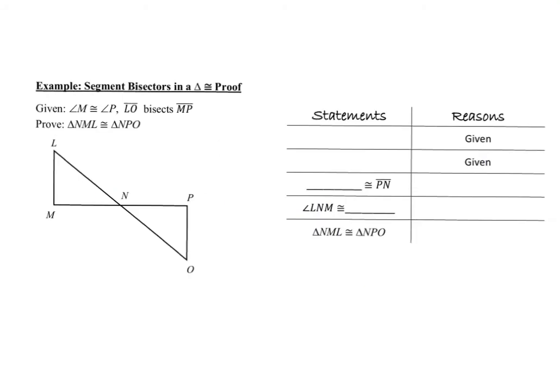Now let's practice the proof. We are given that angle M is congruent to angle P. I'm not going to mark them with 90-degree angles because I'm not really sure if they're 90-degree angles. I just know that they're congruent and that segment LO bisects MP.